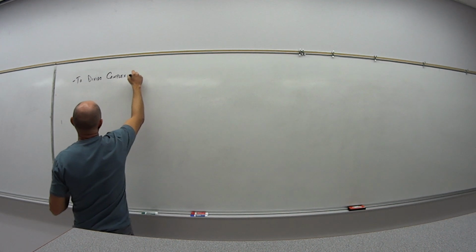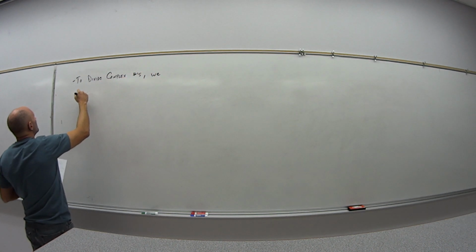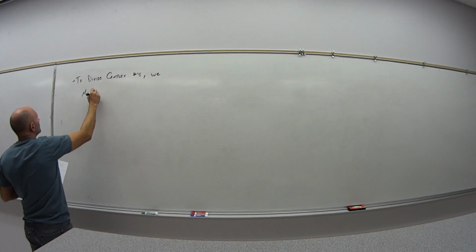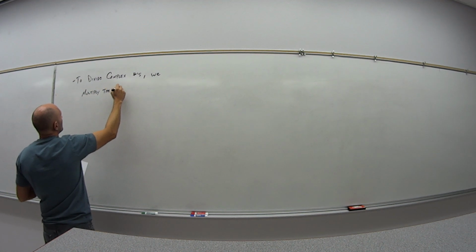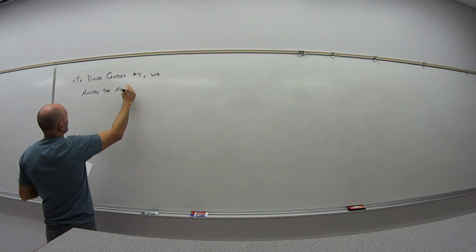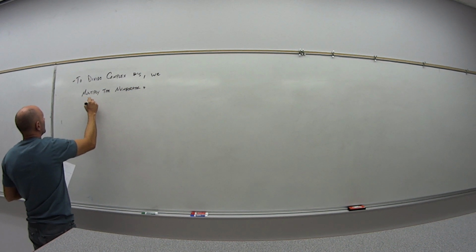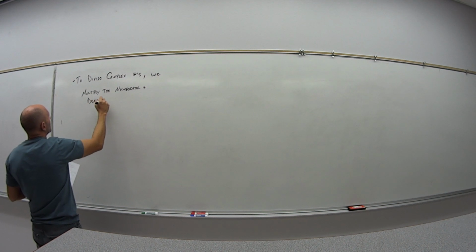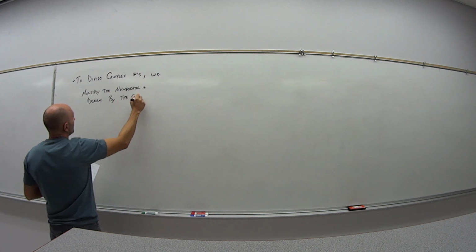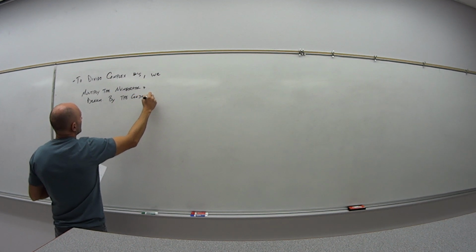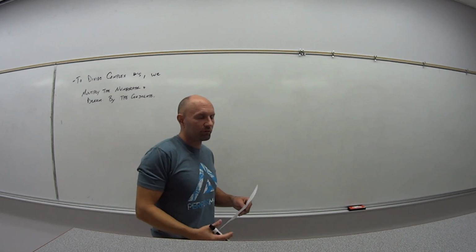So to divide complex numbers, we multiply the numerator and denominator by the conjugate, which is exactly what we did when we were rationalizing with radicals.